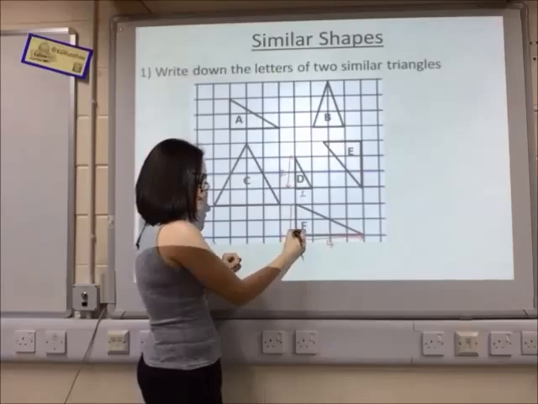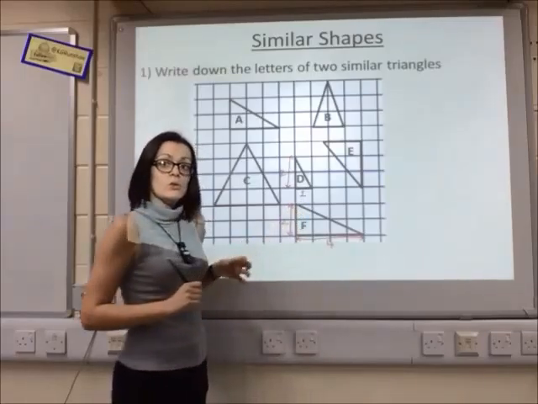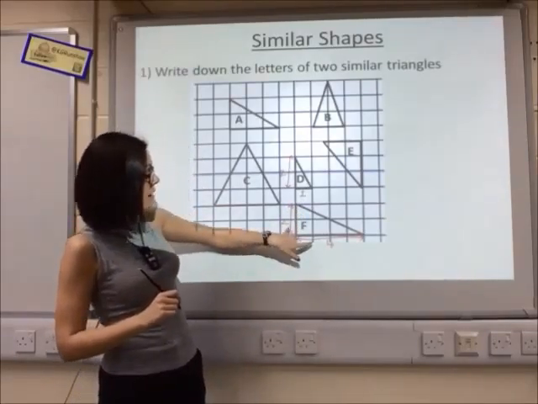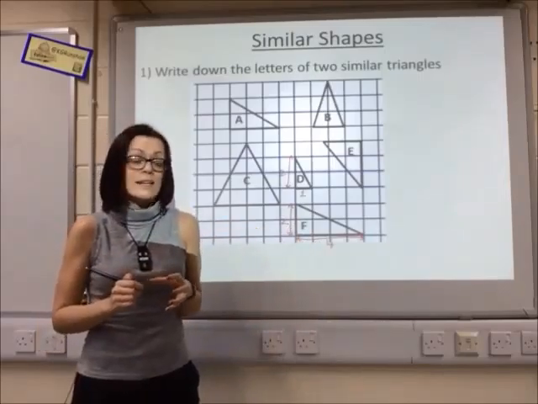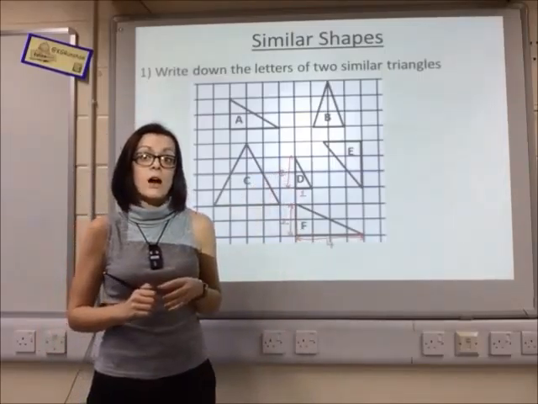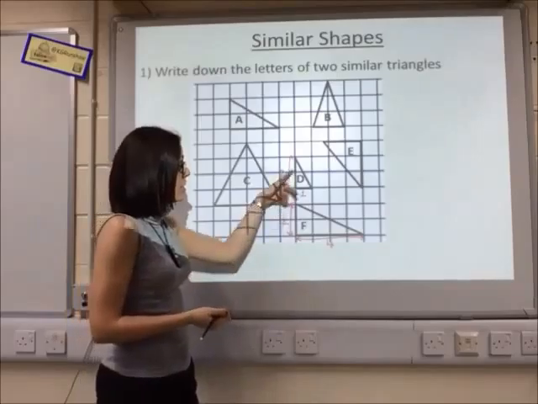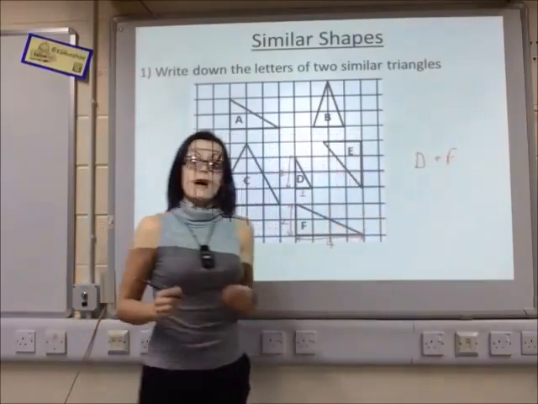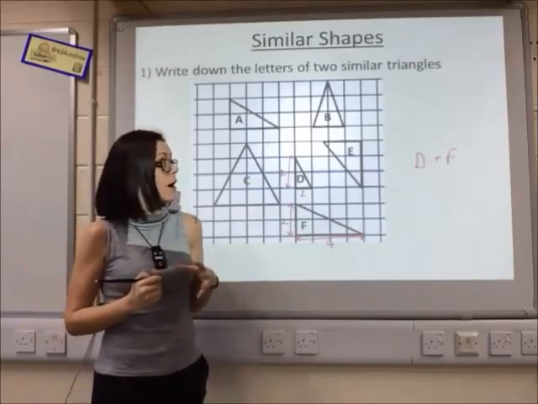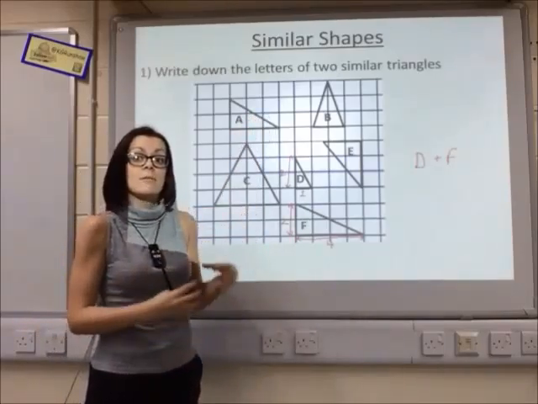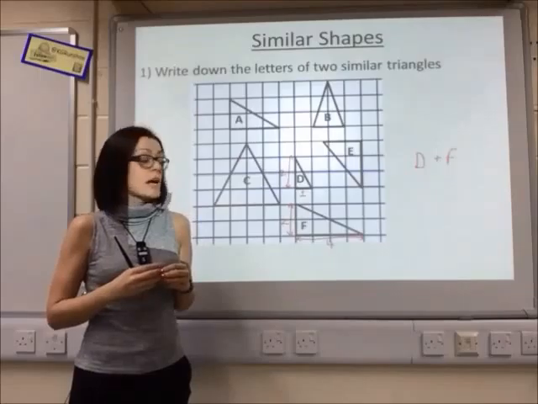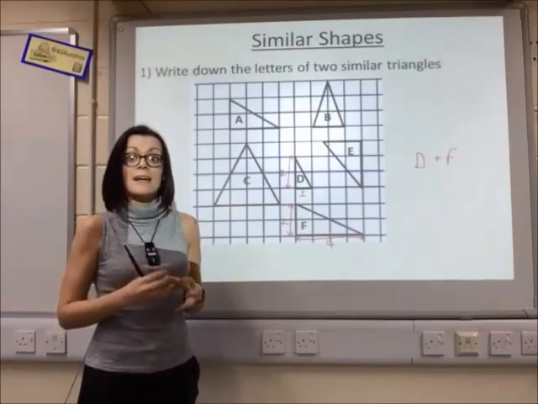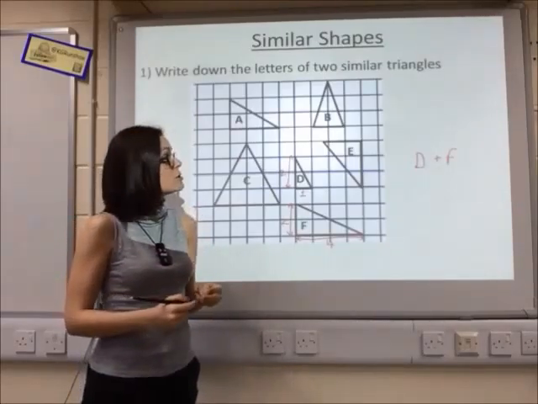And the other way, it's 2 squares wide. And so F is exactly twice as big as D. It's being enlarged by a scale factor of 2. And so it's D and F which are our similar shapes. So remember, with similar, it's got to have got the same amount bigger in every direction. It's got to have been multiplied by a scale factor or enlarged.